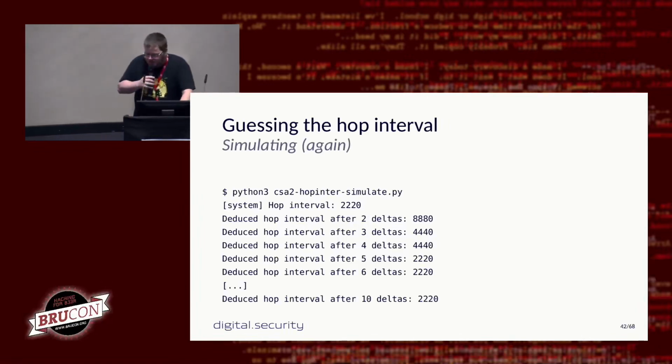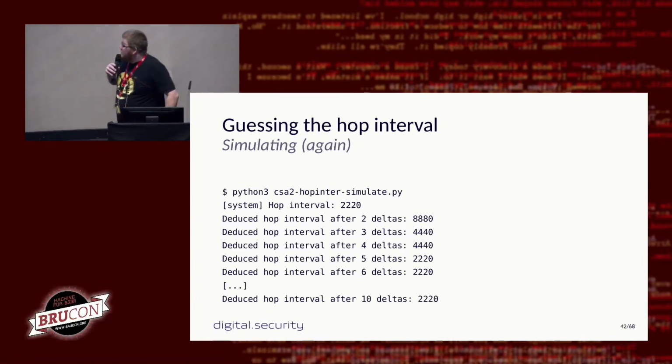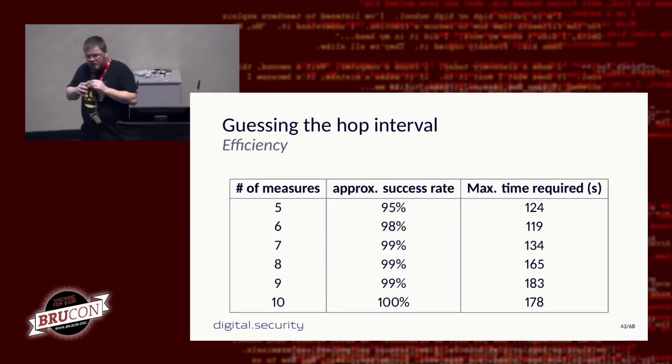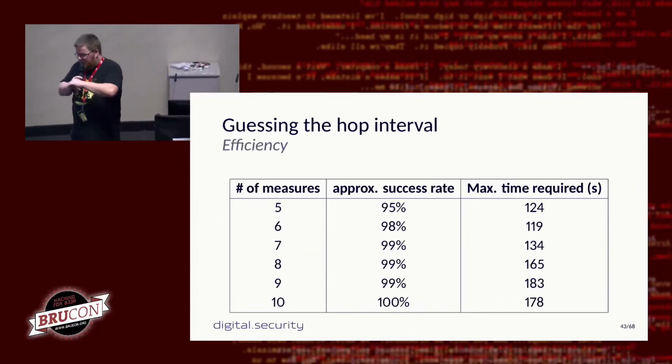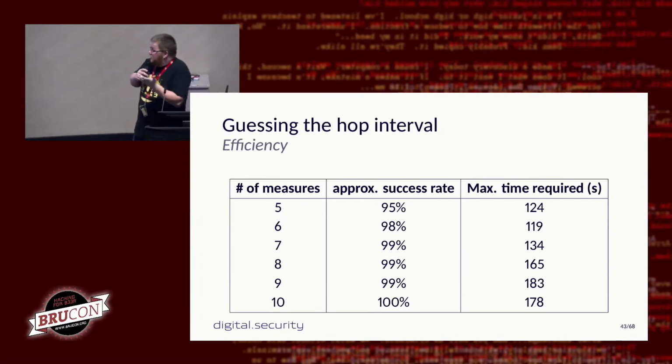So again, I simulated this system. It gave me, as you can see, after 5 or 6 measures, something very reliable. I performed a lot of tests for every possible value of channel identifiers and counters to see if this is reliable.